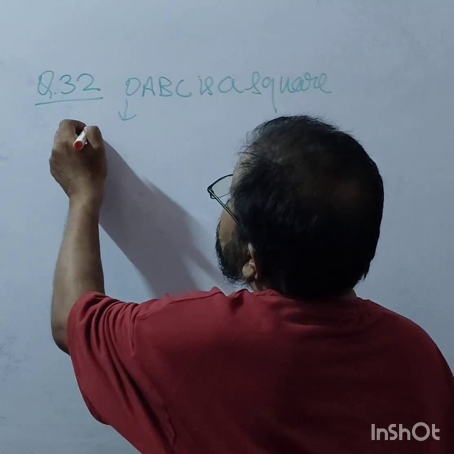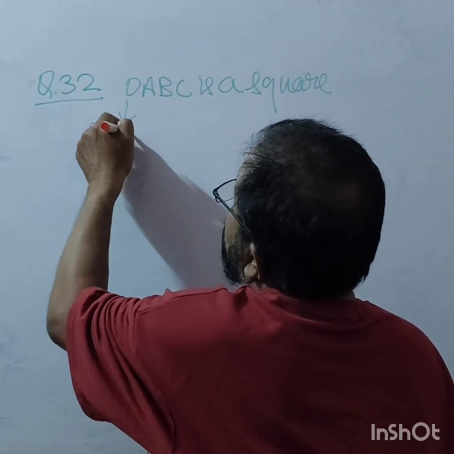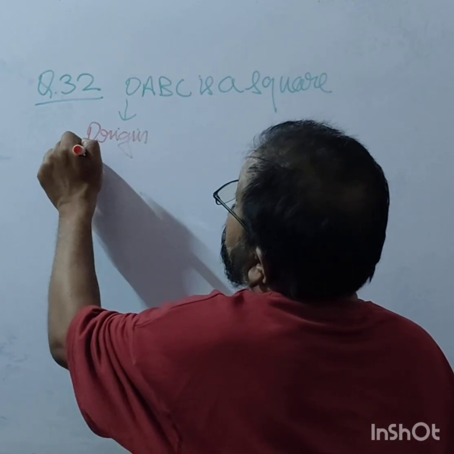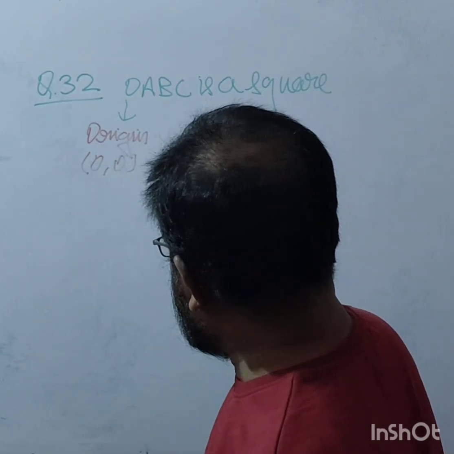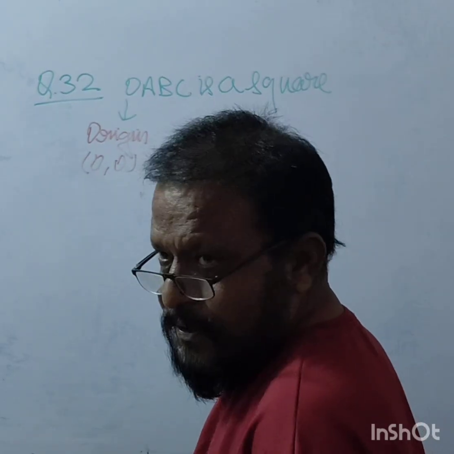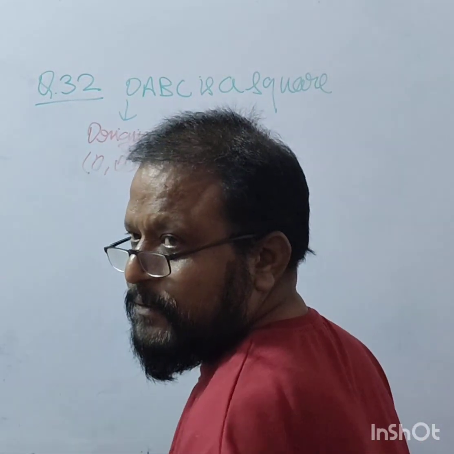O is origin, means its coordinates are 0, 0. Next, points A and B. A is 3 comma 0.